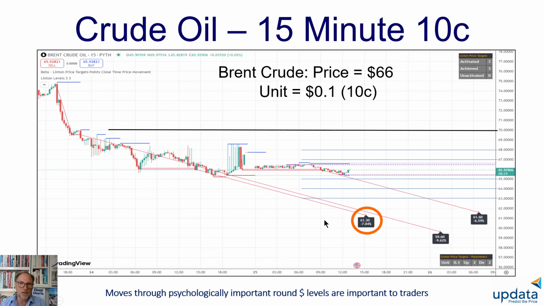So using an arithmetic size like a 10-cent chart will be quite important. This is a 15-minute chart of crude, and you can see these levels are pointing to round numbers. If it was log scale, these numbers wouldn't be round.